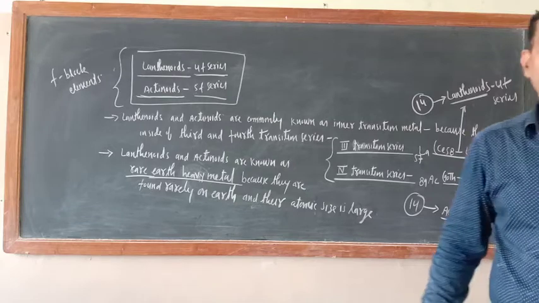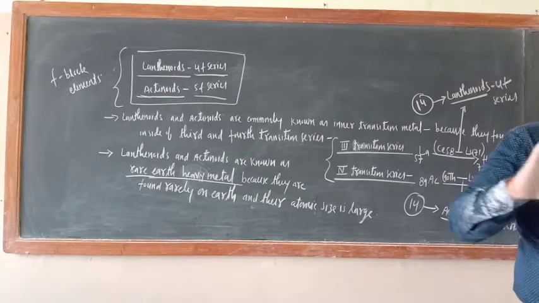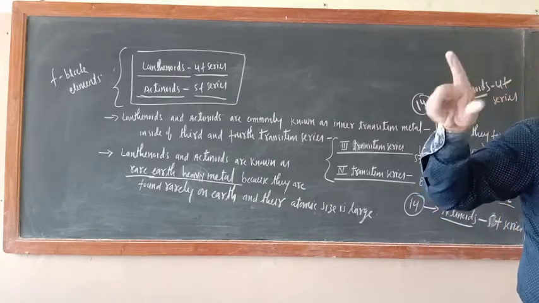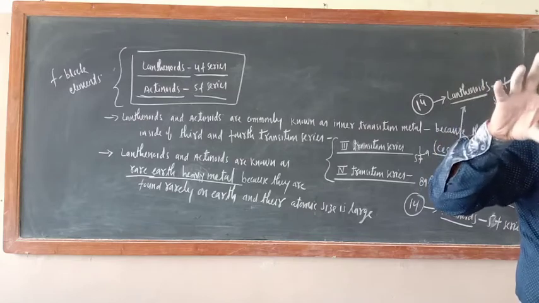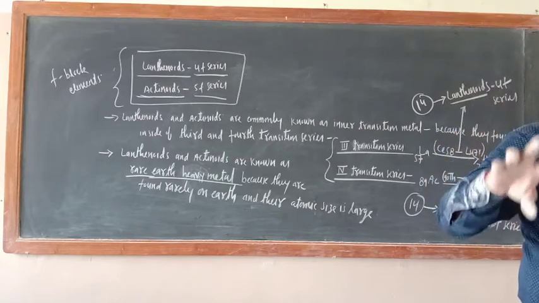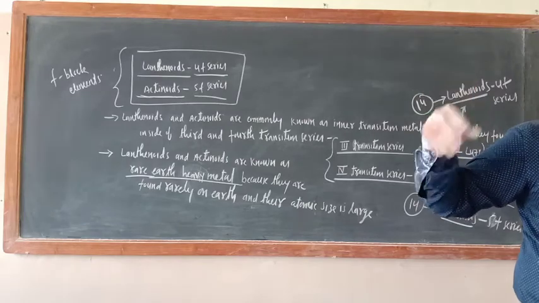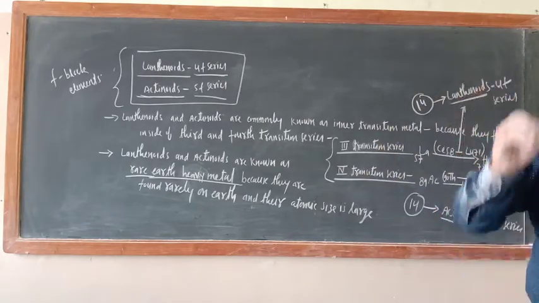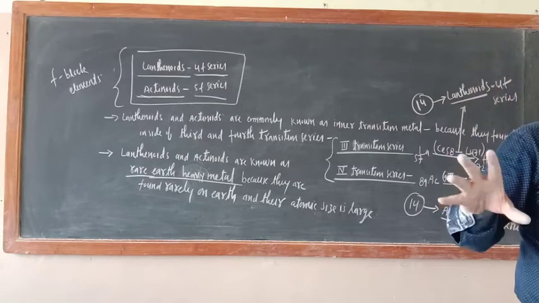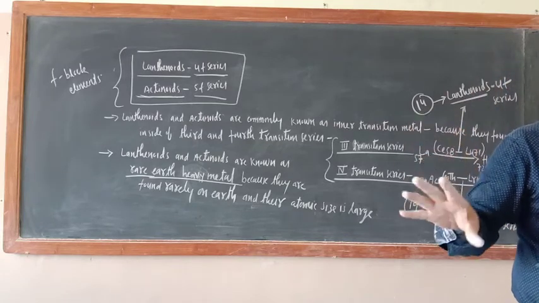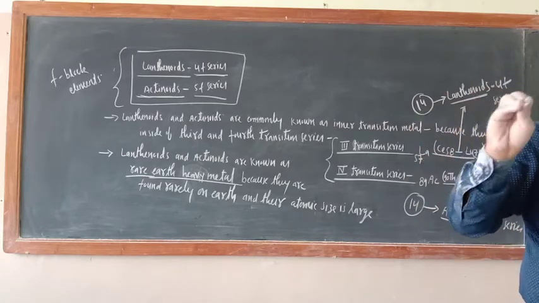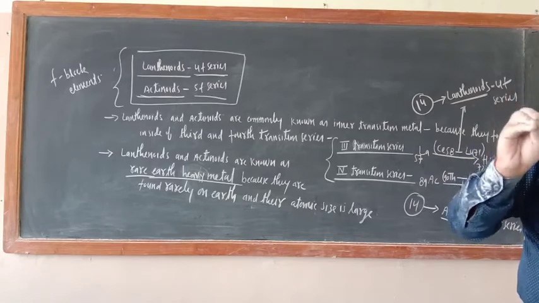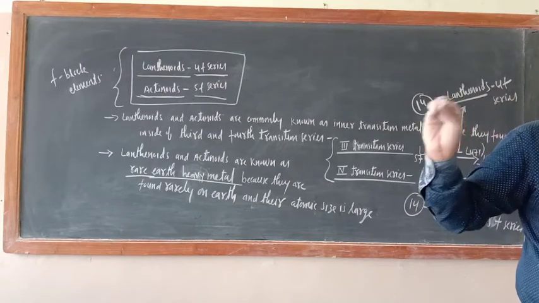One or two things about the electronic configuration. Just see, there is a lot of controversy as far as the electronic configuration of lanthanides and actinides is concerned. Now here I am following the electronic configuration of the NCERT book which they have given. There is a common consensus on the electronic configuration of lanthanides and actinides.